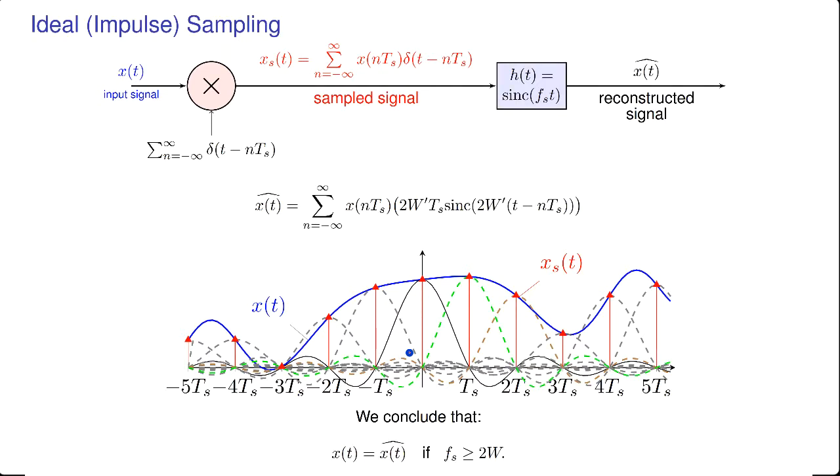Now, if you add these sinc functions, at an integer multiple of Ts, for instance at this point, all these sinc functions are 0 except the green one. At this one, all of them are 0 except the brown one. So at the integer multiples of Ts, I will get the exact value of my signal.